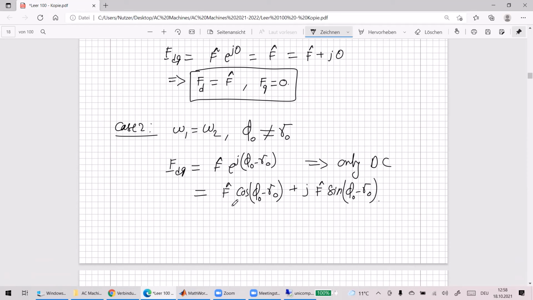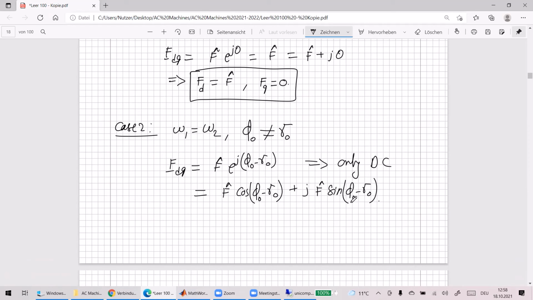So many people think in the DQ frame we just have a D value and we do not have a Q value. Many people think that the D value itself is your magnitude. No, you can have a Q value also. For the fundamental component also, you can have a Q value.